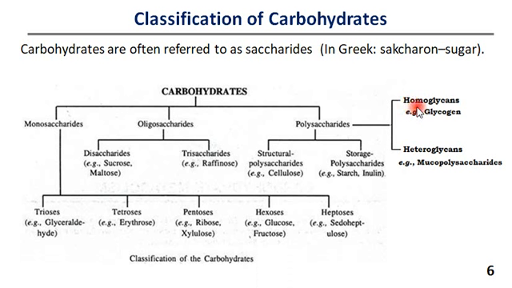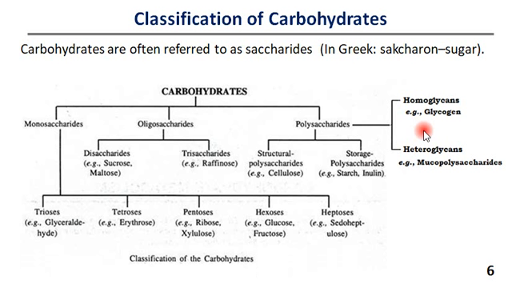Homo means same. When the polysaccharide is made up of more than 10 similar units of monosaccharide, then it's called homoglycan. Whereas if a polysaccharide is made up of different units of monosaccharide, then it is called heteroglycan.